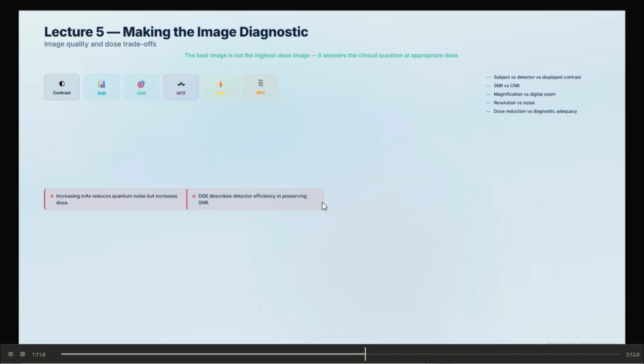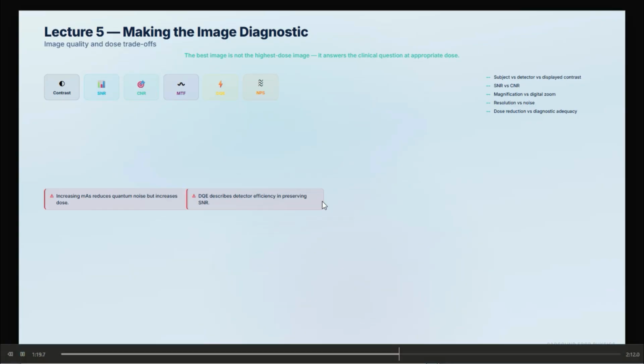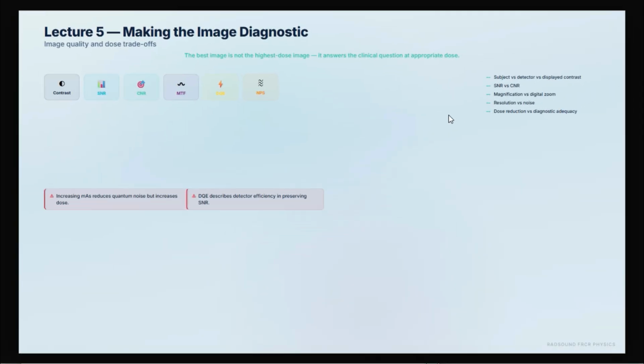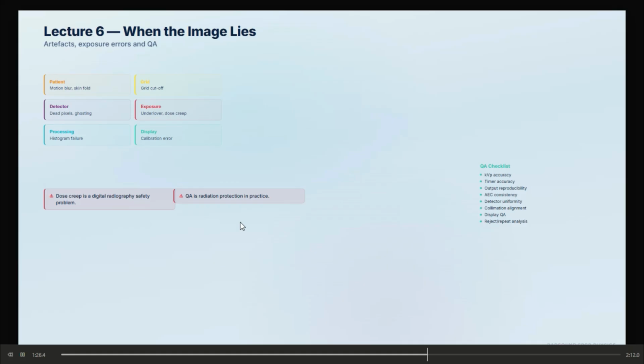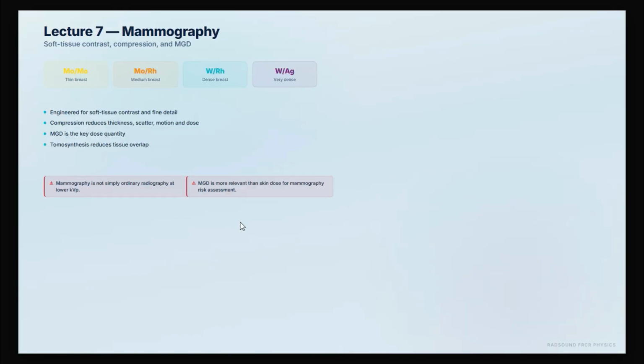Now comes lecture 5, making the image diagnostic. We discussed the quality factors affecting image quality: object versus detector, displayed contrast, signal to noise ratio, contrast to noise ratio, magnification, the difference between magnification and digital zooming, and resolution versus noise. Lecture 6 mentioned when the image lies: artifacts, distortion, exposure, over and underexposure, dose creep, especially in digital, where the image is overexposed.